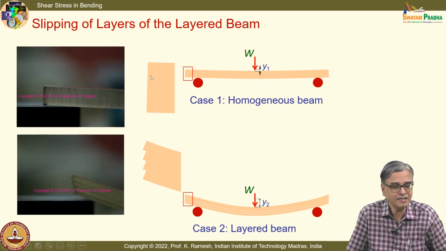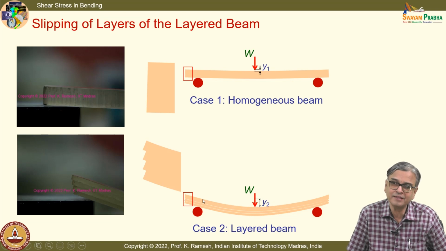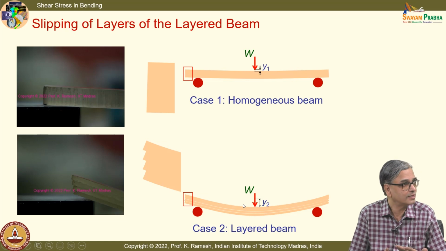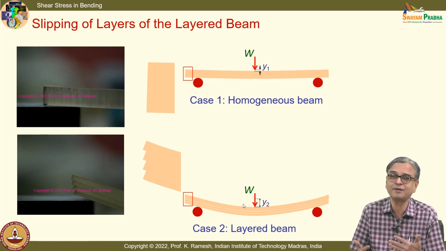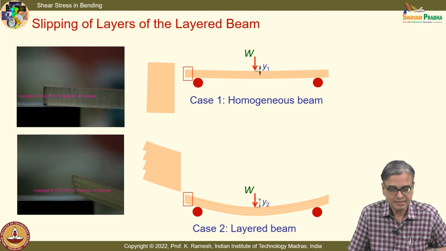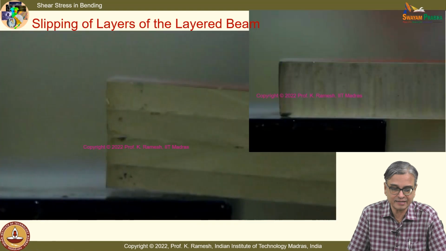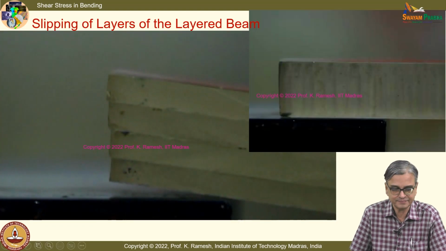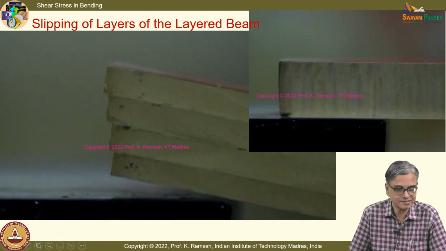That is the reason why this edge remained straight. That was missing when I have a layered beam. So the layered beam is free to move, and it has utilized that freedom to come out, slip between the two. And what we would do is, we would see this in a enlarged fashion, and you see this animation.